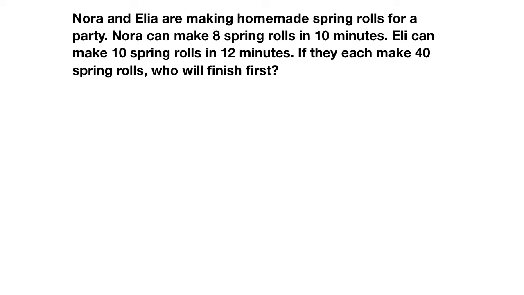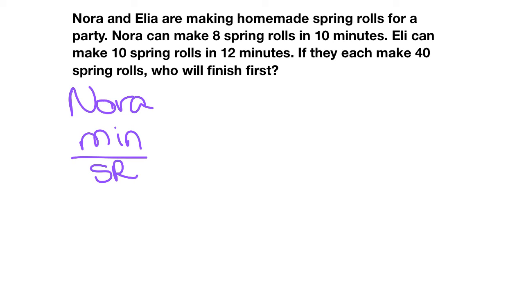So let's start with Nora. We know that Nora can make 8 spring rolls in 10 minutes. But my question is, how long does it take her to make 1 spring roll? So we want to take her minutes and divide it by her spring rolls. This will tell us how long it takes her to make 1 spring roll.